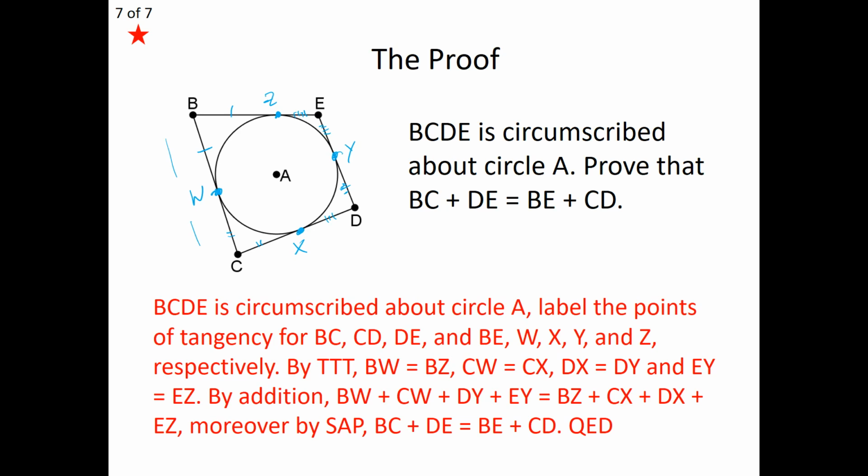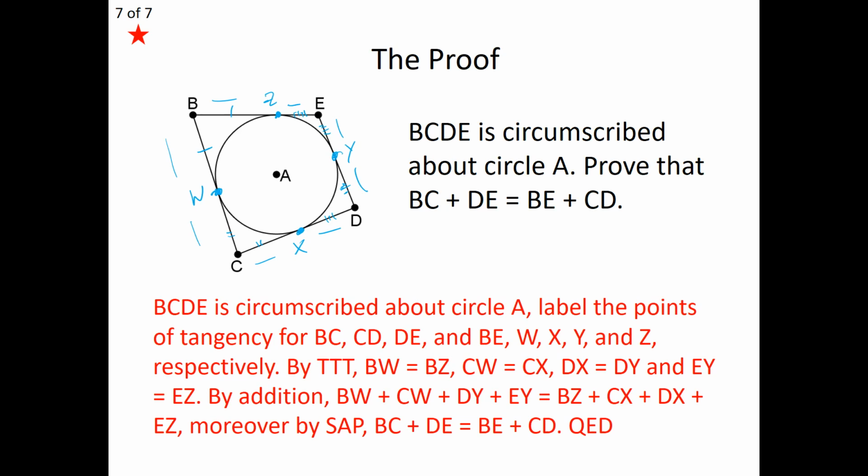But that also means I have to add their equal counterparts to the other side, which means you'll also see that I have BZ and CX added on the right-hand side. And then I'm going to add again to the left-hand side. So on the left-hand side, I added BW and CW. I'm also going to add DY and EY together on the left-hand side. But that also means if I'm adding EY and DY on the left hand, I have to add equals to equals on the right hand, which means I will also add EZ and DX on the right-hand side of my equation.